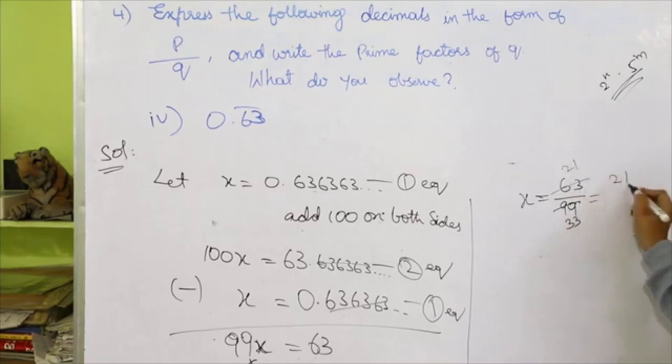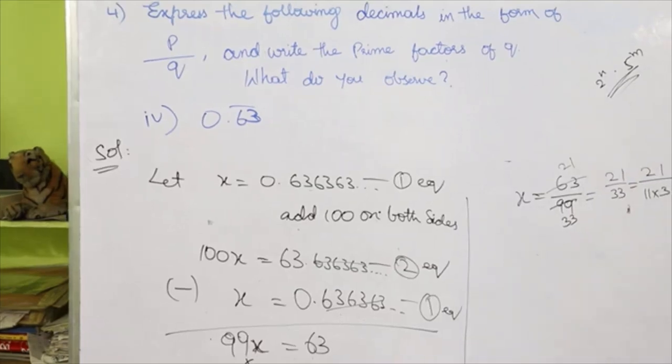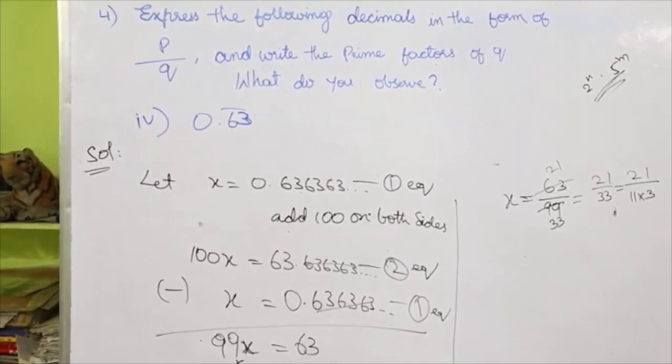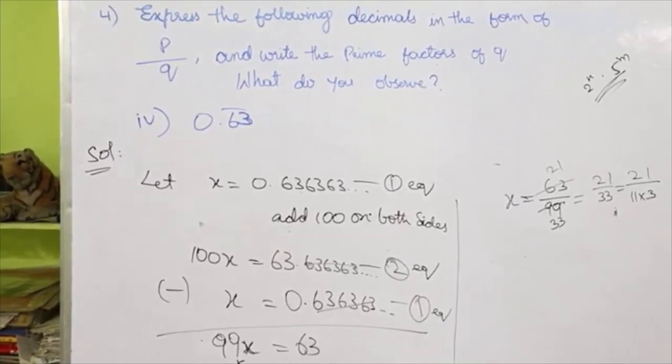This becomes 21 by 33, and 33 can be written as 11 into 3. Now 11 into 3 cannot be written in the form of 2 power n into 5 power m.